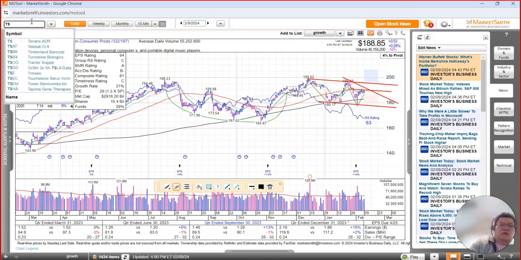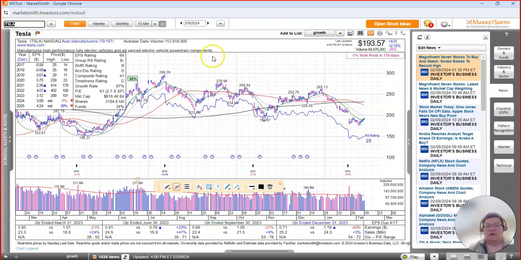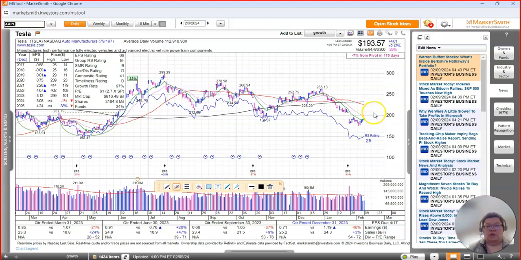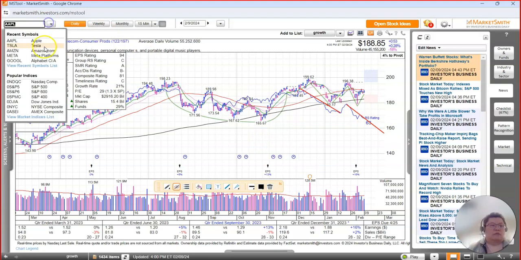I don't like it, because if the market is acting well and the stock is not, usually it's a laggard, and why would you want to hold a laggard? Let me show one more thing. Look at this RS line. It just continued the downtrend. This started earlier, and then there's a small pop here, and now it continues. The same thing with Tesla.